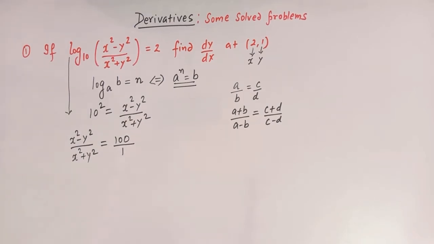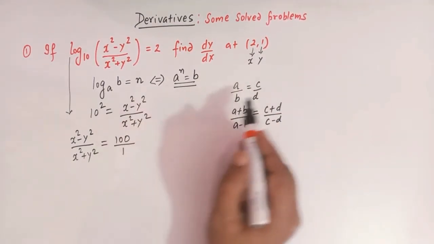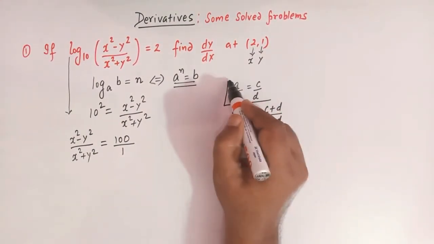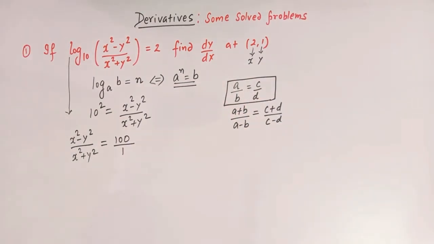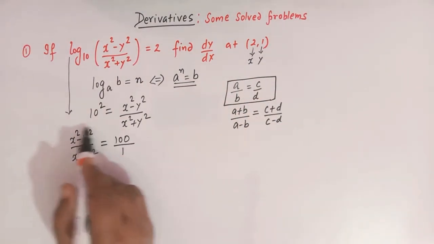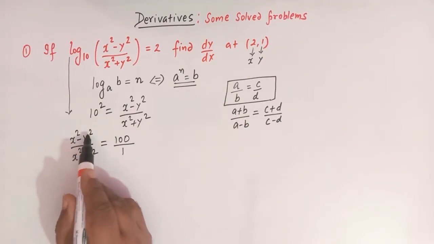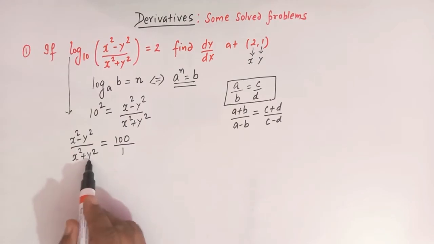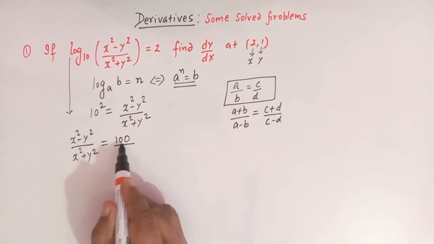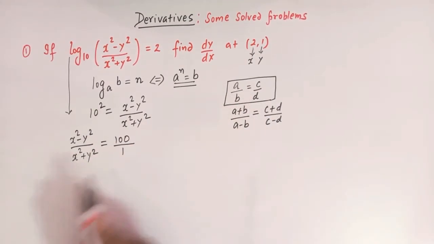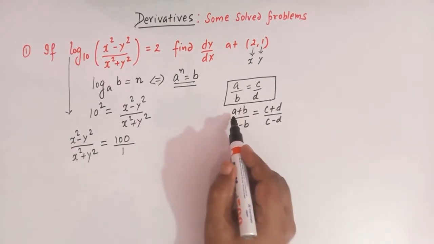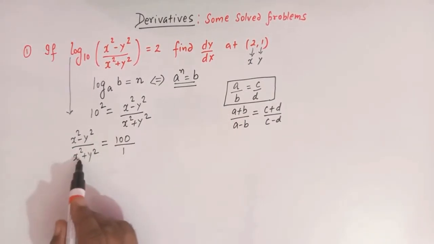So here we'll apply this concept to simplify this expression. For a we have x square minus y square, for b we have x square plus y square, for c we have 100, for d we have 1. So let us apply this rule to this one.